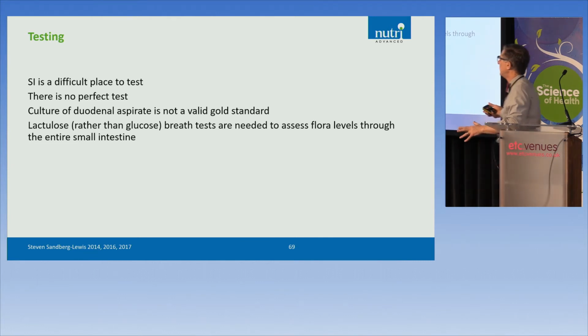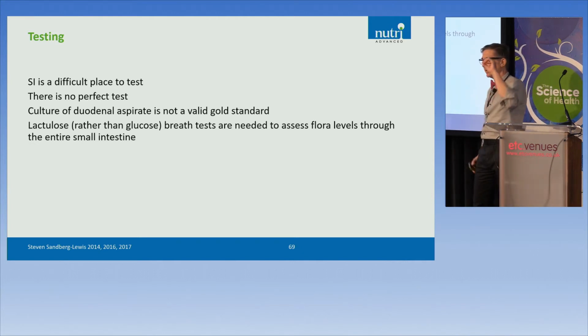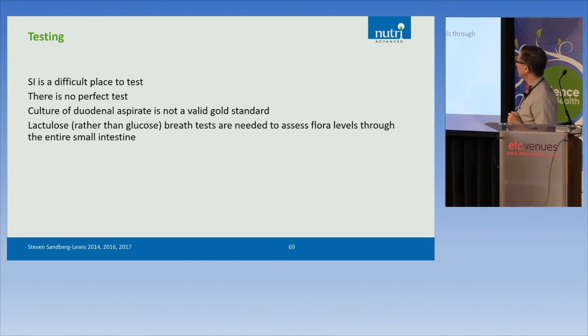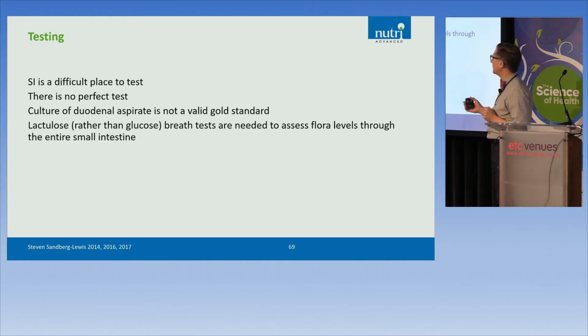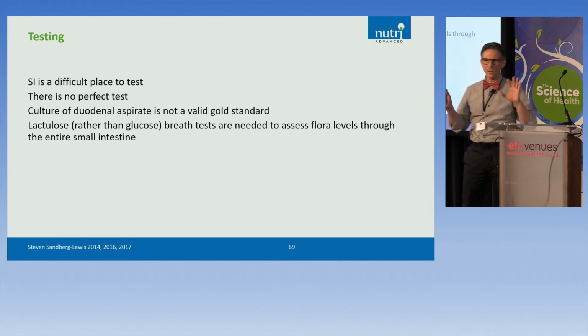So there's no perfect test to actually get a sample. You can get a sample with upper endoscopy from the duodenum, the very beginning. But we see a lot of cases where it's overgrowth somewhere in the middle of the jejunum or down closer to the terminal ileum. So we don't want to miss those. The culture of the duodenal aspirate, therefore, is not a valid gold standard, although it's often called a gold standard.